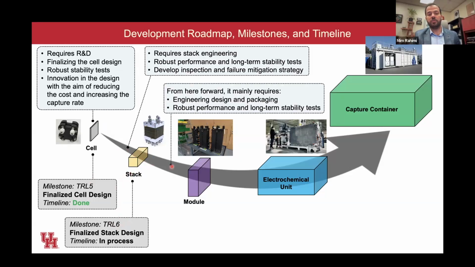Going forward, it requires less scientific breakthrough. It requires more engineering, especially design and packaging engineering, and we can easily adapt knowledge from other electrochemical systems, such as electrolyzers and fuel cells, because of the inherent similarity between the systems.